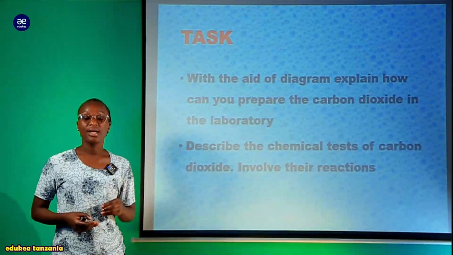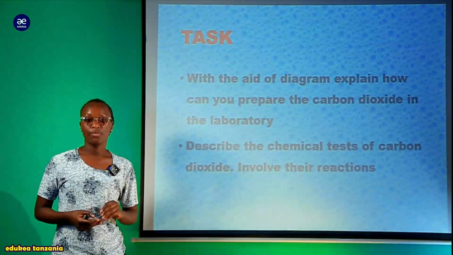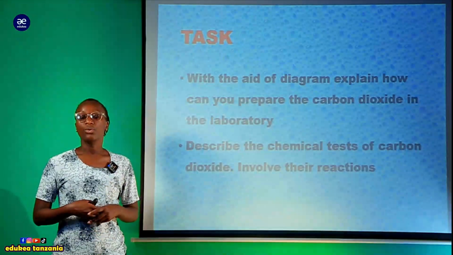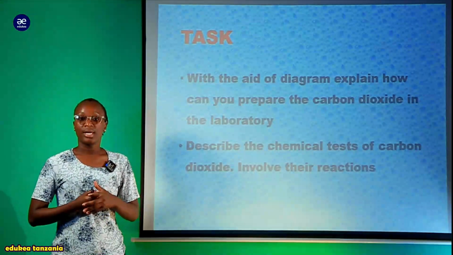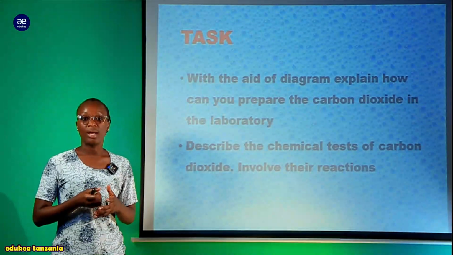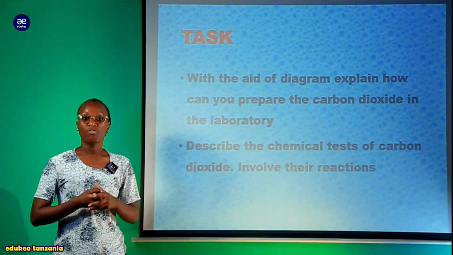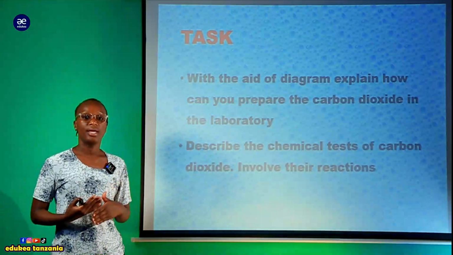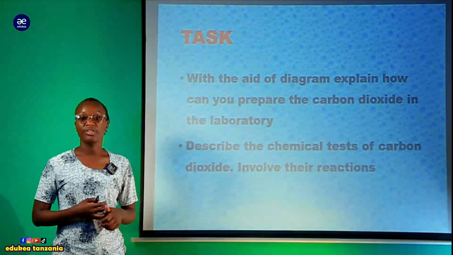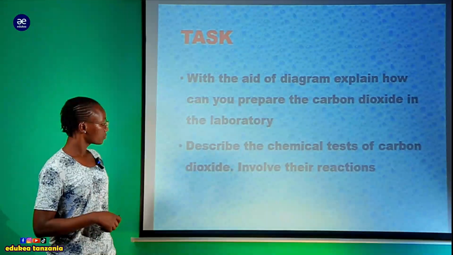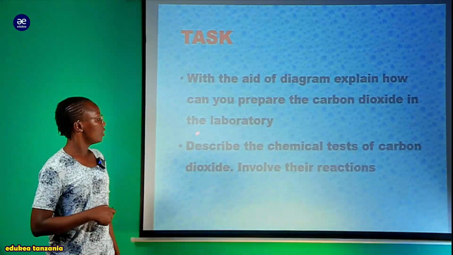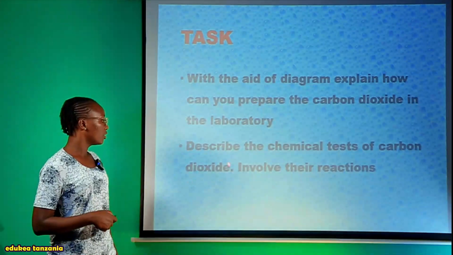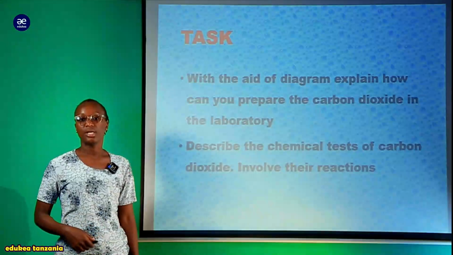It will be very simple for you once you try on your own, and seek assistance from your lab technicians or your teacher, so you can make a setup and prepare carbon dioxide in the laboratory. My student, another question is: describe the chemical tests of carbon dioxide, involving their reactions.